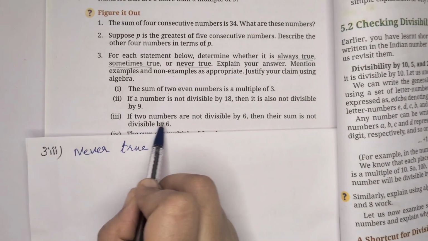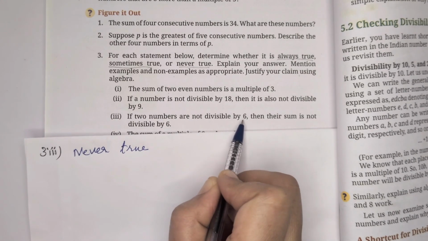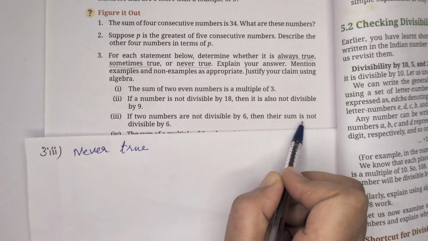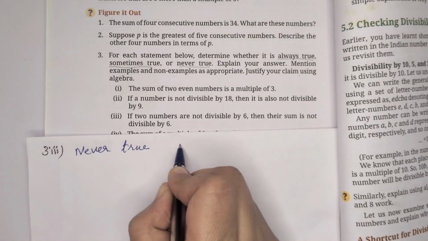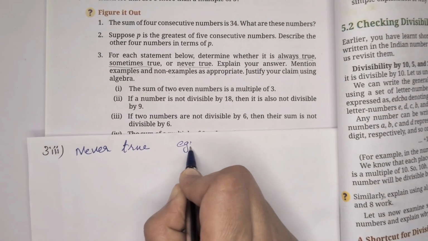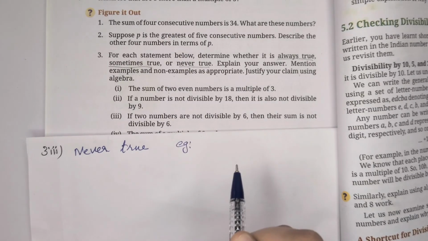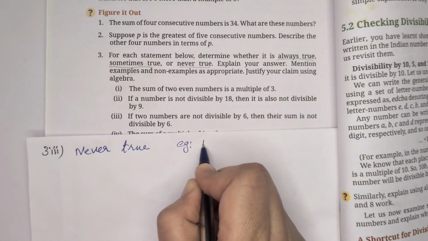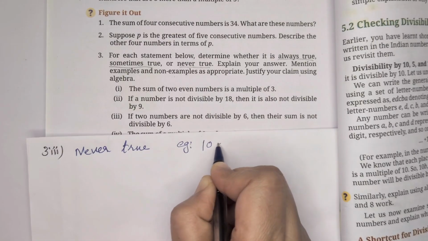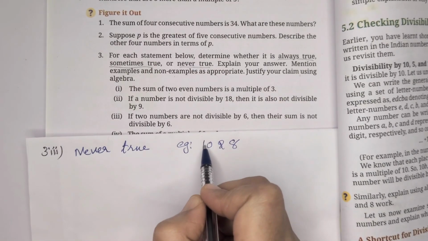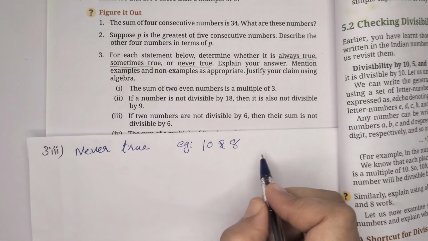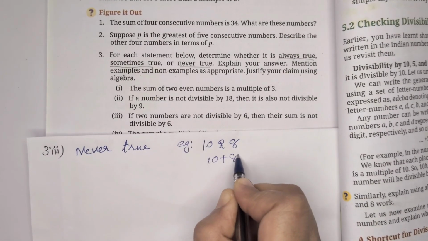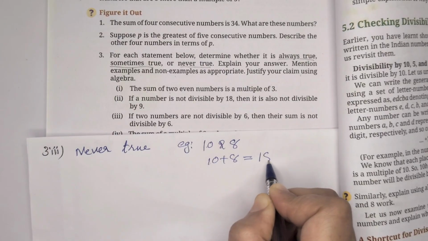Third one, if 2 numbers are not divisible by 6, then their sum is not divisible by 6. That is never true. We can write, for example, 2 numbers not divisible by 6. We can take 10 and 8. Both numbers are not divisible by 6. And their sum, 10 plus 8, we are getting 18.